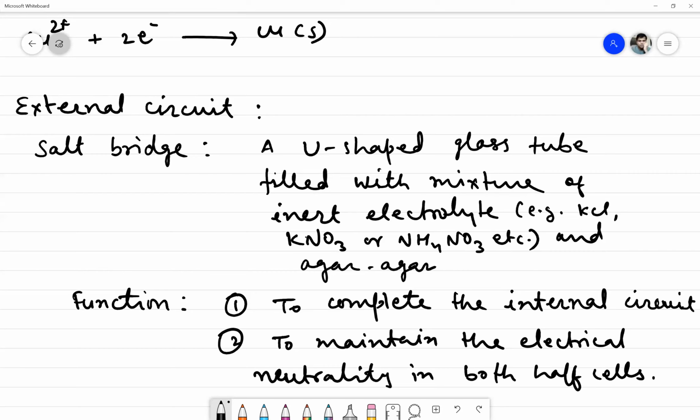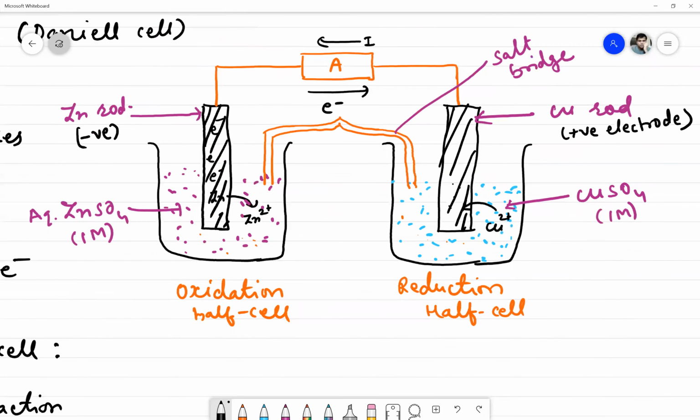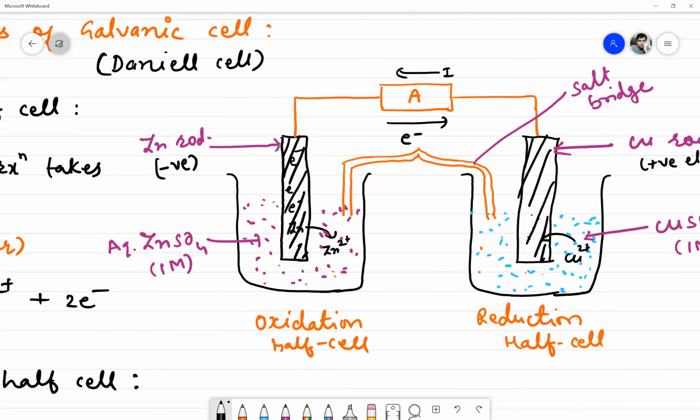In the oxidation half cell, the oxidation reaction takes place and Zn metal gets oxidized to Zn2+ ions, and these dissolve in the solution. Because of this there is now an excess of Zn2+ ions, positive charge ions. To neutralize this excess of positive charge, some anions migrate from the U tube, this salt bridge, and balance the excess electric charge.